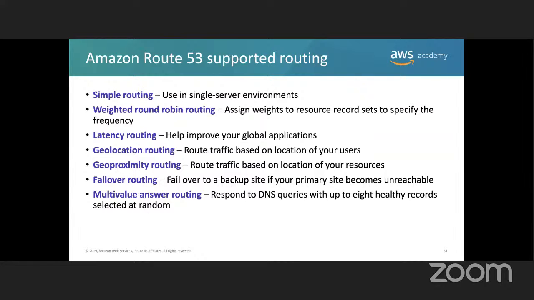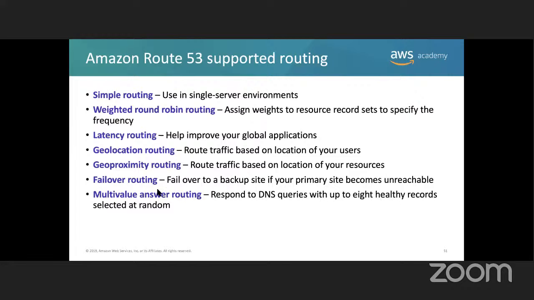But multi-value answer routing also enables you to check the health of each resource so that Route 53 returns only values for healthy resources. It is not a substitute for a load balancer, but with the ability to return multiple health-checkable IP addresses, it's a way to use DNS to improve availability and load balancing. It doesn't work as a load balancer, but it helps load balancing.